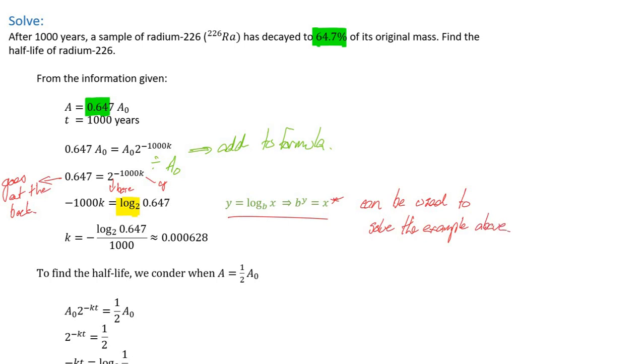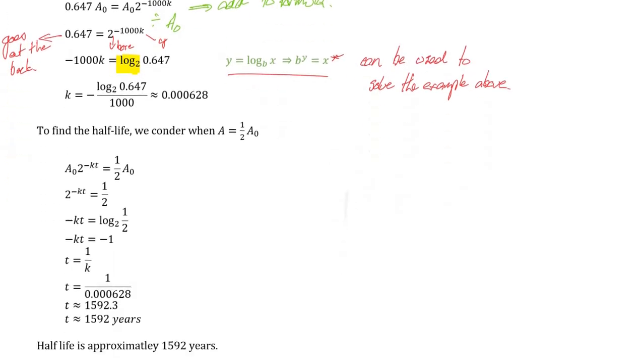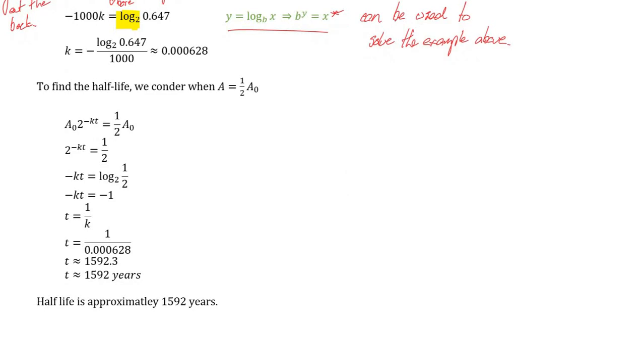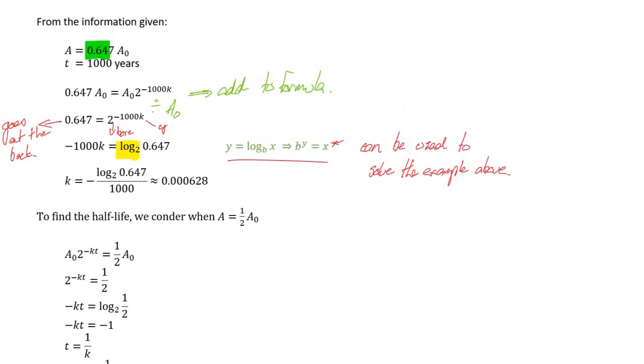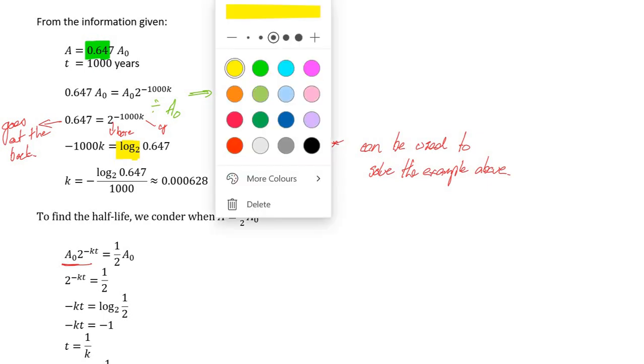All right, so we've now got part of the information we need. To find the half-life, we consider that the new amount is half the original amount. Okay, the new amount is half the original amount, and we've said from above, well, I'll highlight this in a different color.